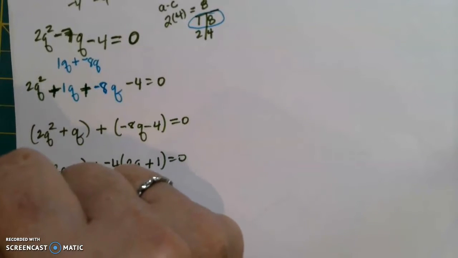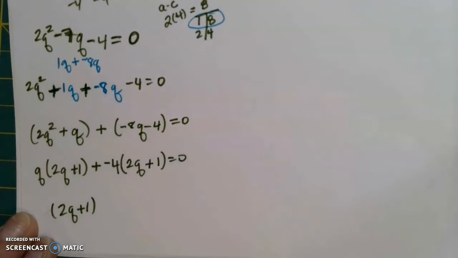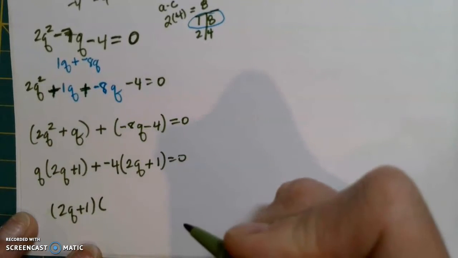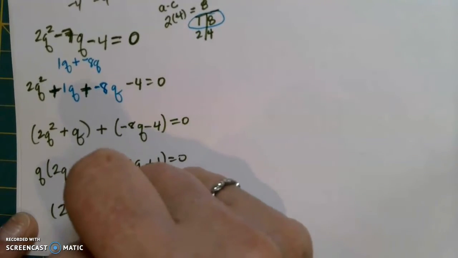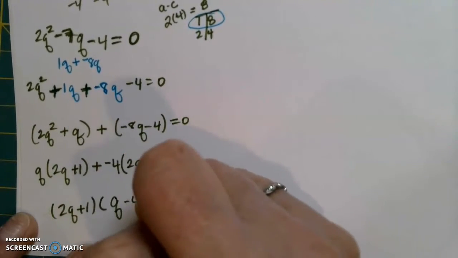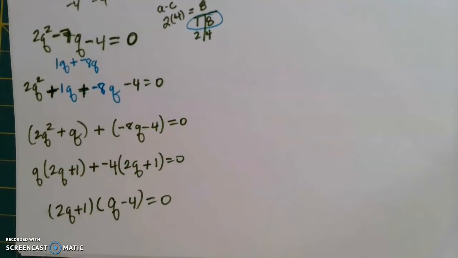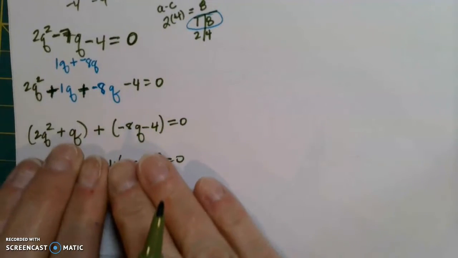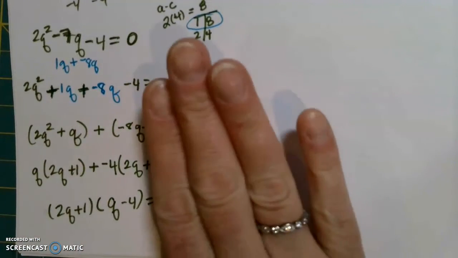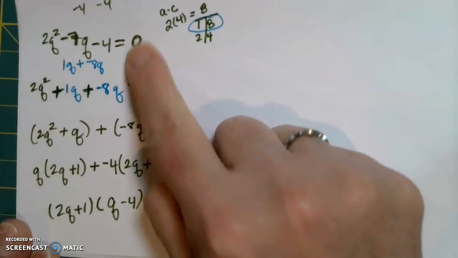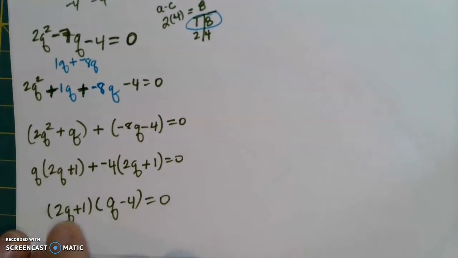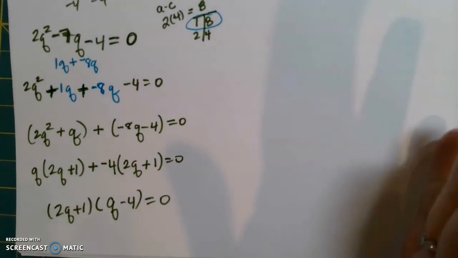So then I am heading down the path I want to with the factoring by grouping. So then 2q plus 1 is the initial binomial, and then the leftovers go in the other one, so q minus 4, and set equal to 0. Okay, and then this is still just what we've been doing before, just with that added equals 0 on the end. So up until here, there is nothing new.